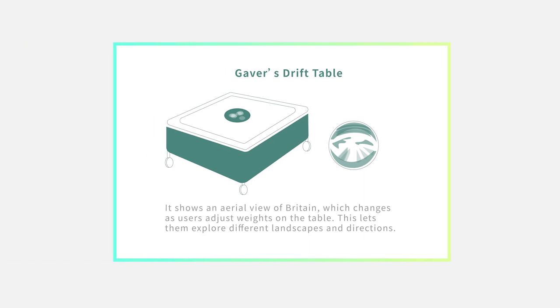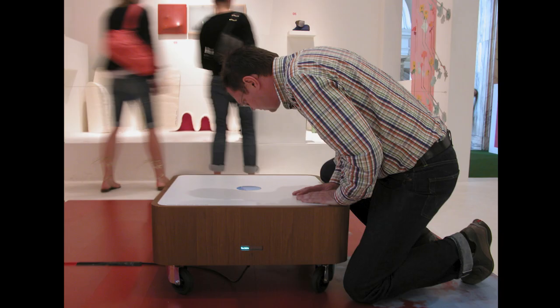The drift table is a coffee table with a small window displaying an aerial view of the landscape. By shifting weight on the table, users can change the view's height, direction, and speed. This project produced new insight into how digital technologies can enrich the home environment and inspire principles for playful design.